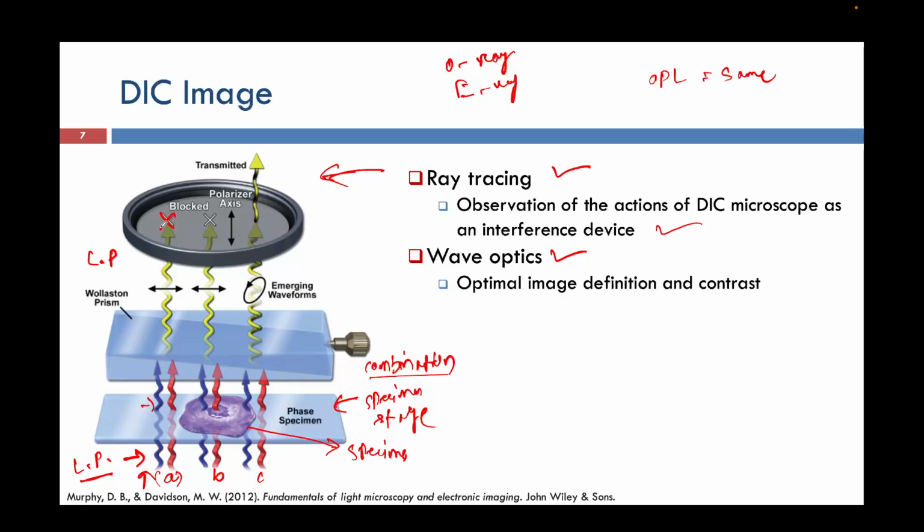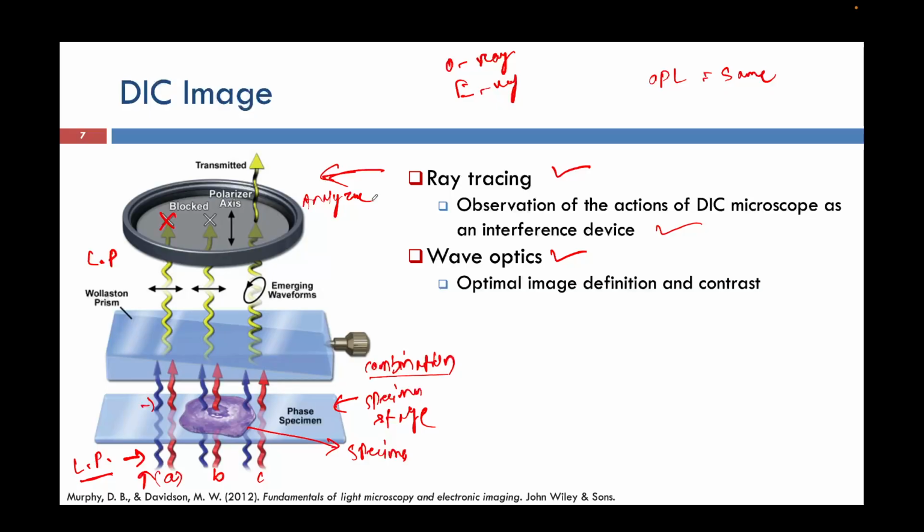Why? Because the polarizer and the analyzer are generally kept at 90 degrees to be exact. So this is the analyzer, and it will block this linearly polarized transmitted wave. So we will not be able to see any contrast.